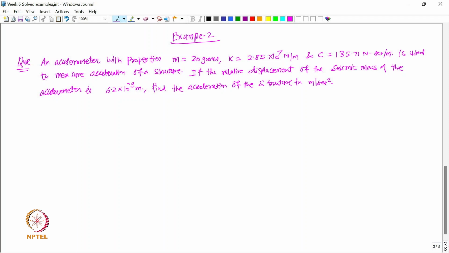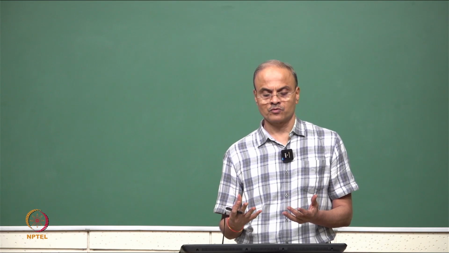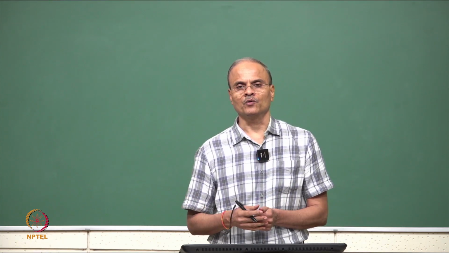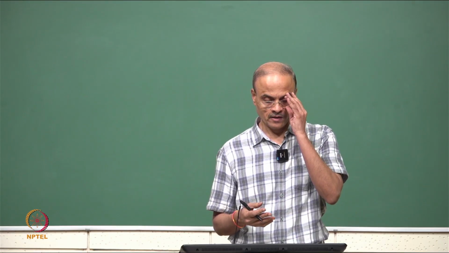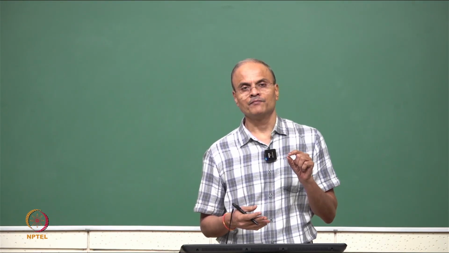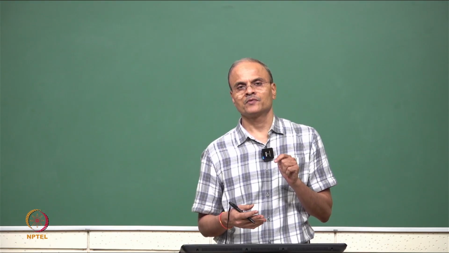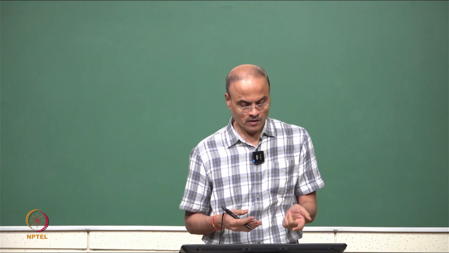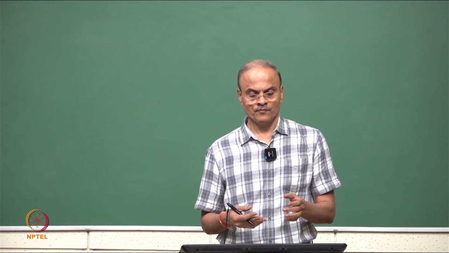Here essentially an accelerometer is used and mounted on the structure, and the properties of the accelerometer are given to us. Also given is that the relative displacement of the seismic mass of the accelerometer with respect to the structure is 6.2 into 10 to the power minus 9.